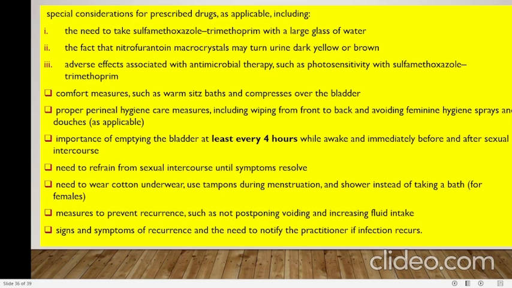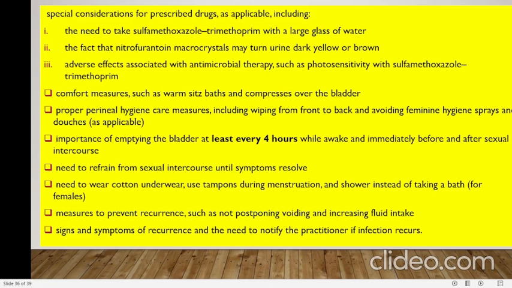We said 240 ml. The fact that nitrofurantoin macrocrystals may turn urine dark yellow or brown. Adverse effects associated with antimicrobial therapy, such as photosensitivity with sulfamethoxazole-trimethoprim. Comfort measures such as warm sitz baths and compresses over the bladder.